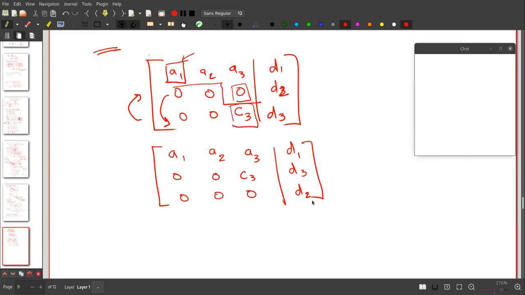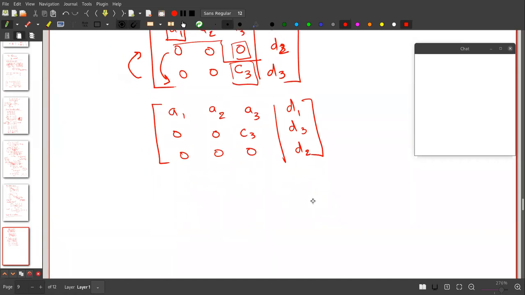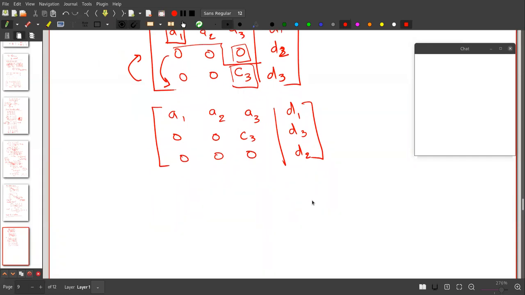And what I am going to tell you is, since this matrix has a rank 2, it has a rank 2 because there are two non-zero pivots.